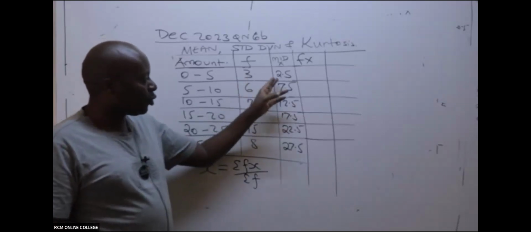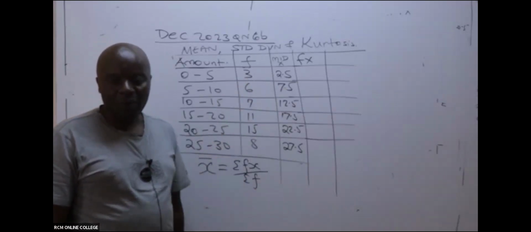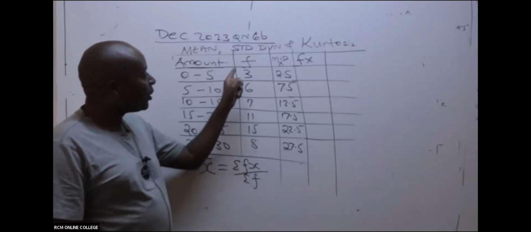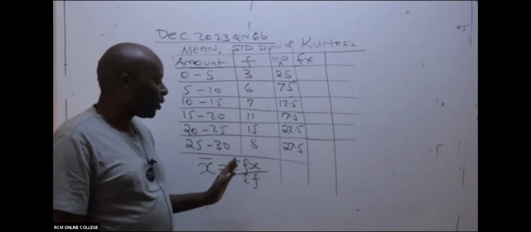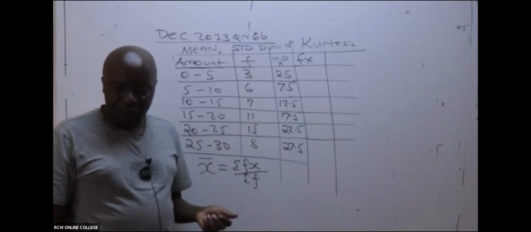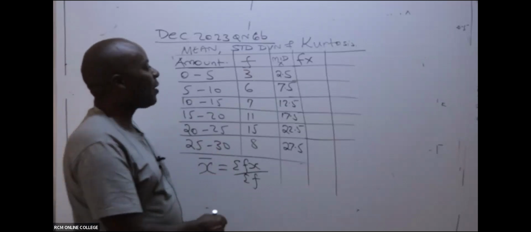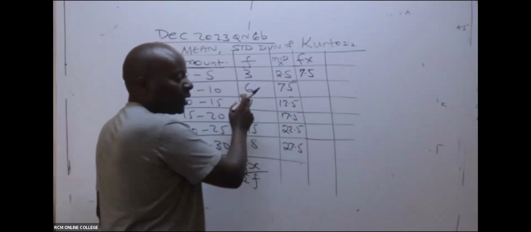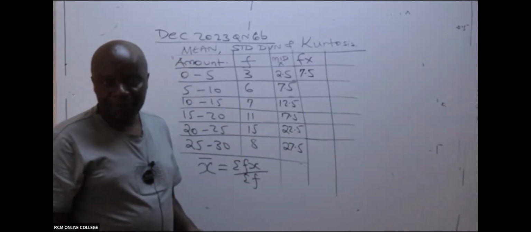So 3 times 2.5, what do we have? Remember, you're using this for the numerator. You can't tell me that you're taking the summation of f first. No. The sum comes after we multiply. So we have here 7.5, the first one. Thank you so much. We go to the second one, 6 times 7.5.